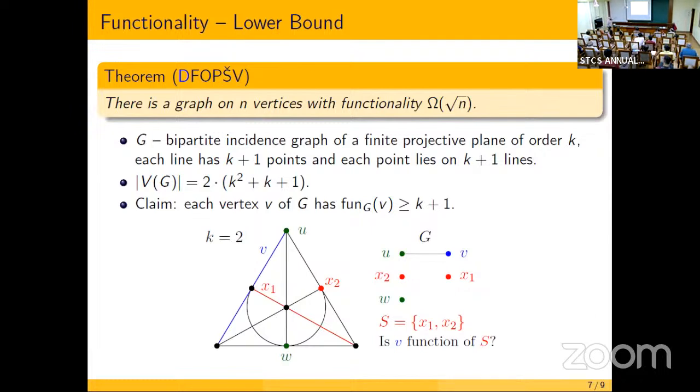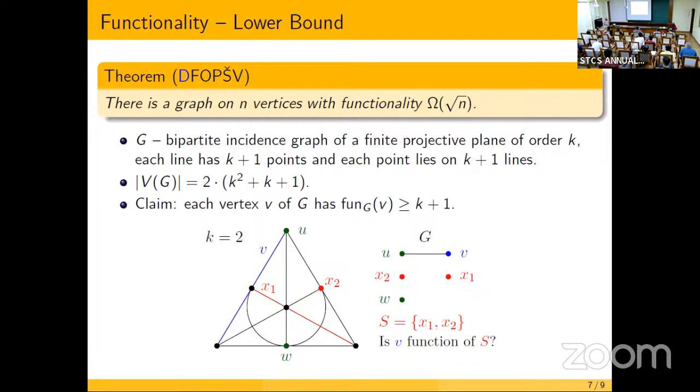This x1, x2 is some representation of some example of the set S. We try to verify that V is not a function of S, which consists of x1, x2. In the formal proof, you need to verify or argue that this does not hold for any S of two vertices. Here I show you just one example to illustrate it.